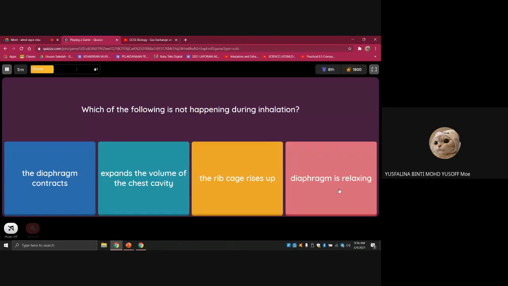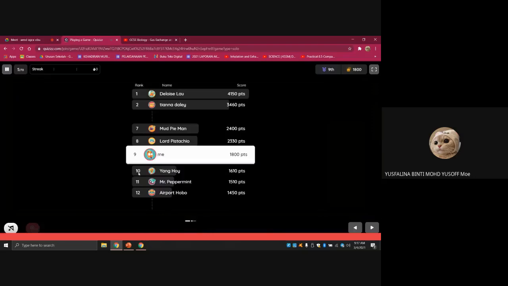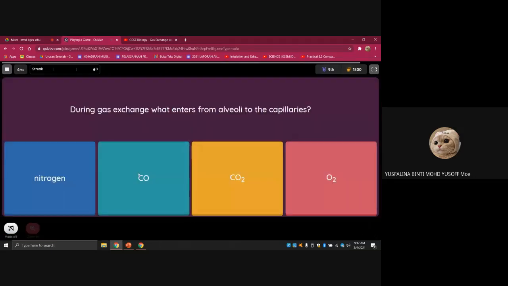B. Expands the volume of the chest cavity. This one yesterday I explained, right? During inhalation, our diaphragm will contract and then flatten. When it's flattened, the volume of our chest cavity will increase. When it increases, the pressure becomes low. The pressure of the air outside is higher, so it will push the air inside our body. So which is not happening during inhalation? Actually the diaphragm is not relaxing. The diaphragm is contracting.